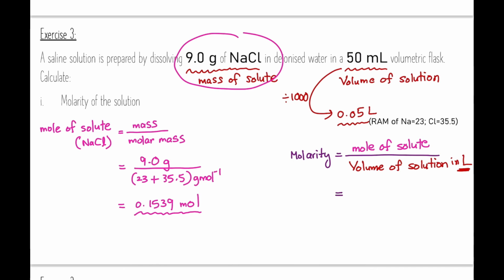We can just substitute the values into the formula. Mole of solute, 0.1539 mole, divided by the volume of solution, which is 0.05 liter. And you can use your calculator to find out the molarity.